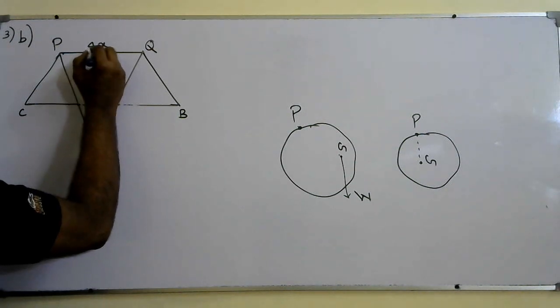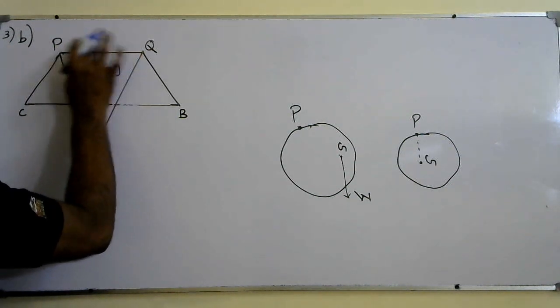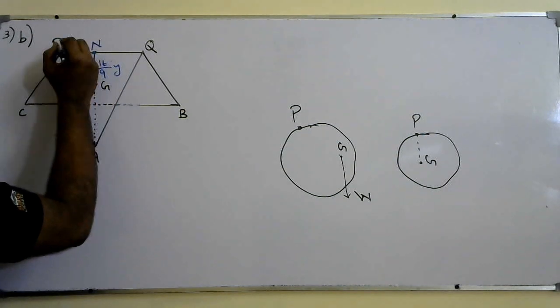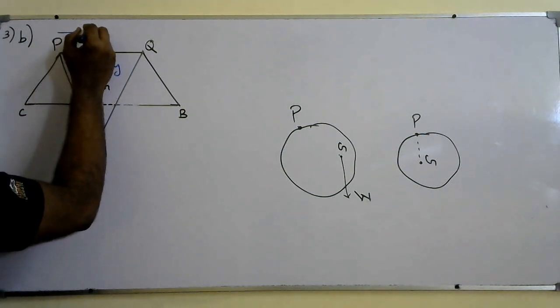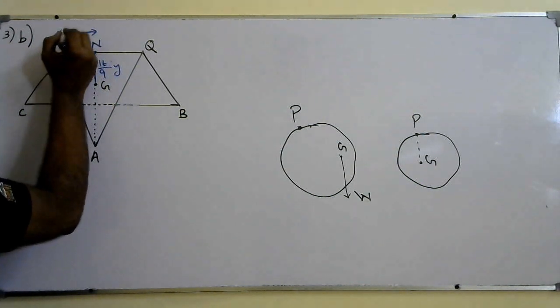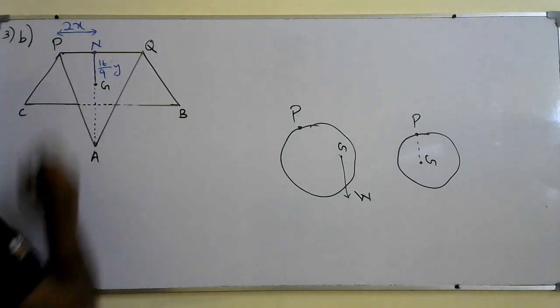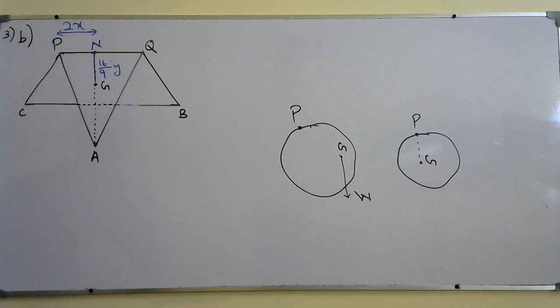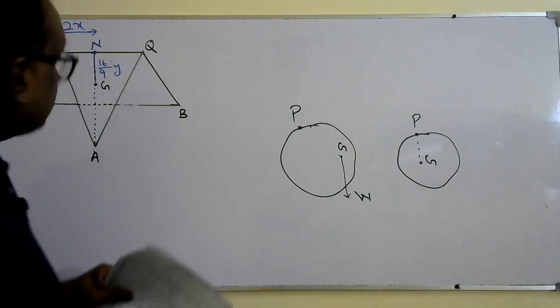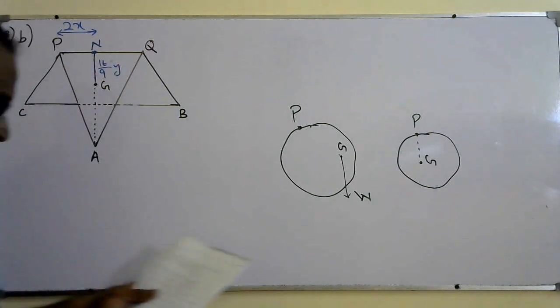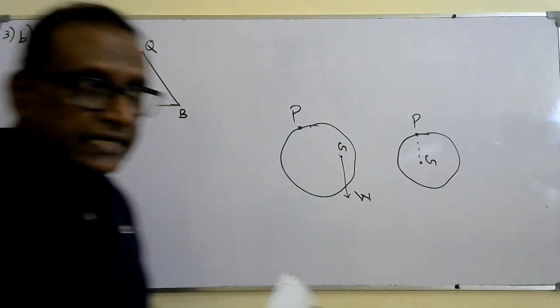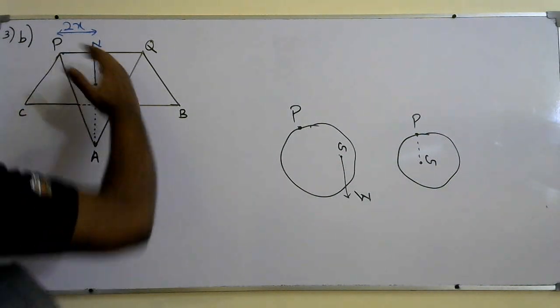If I name that point N, PN will be 2x, because of the symmetrical shape, that will be the bisector, 2x. They are saying the line PQ makes an angle alpha with the vertical. So vertical means the line PG will become vertical.